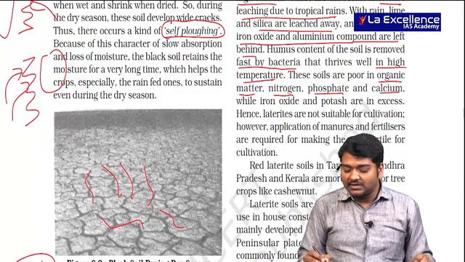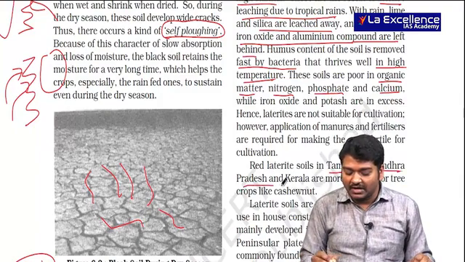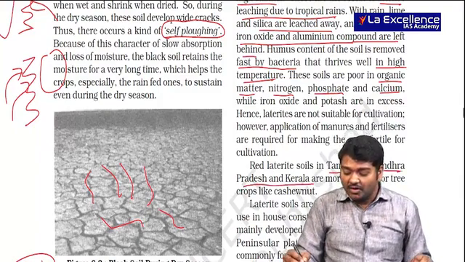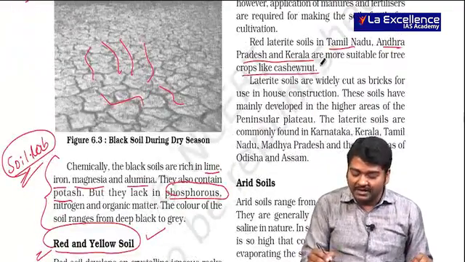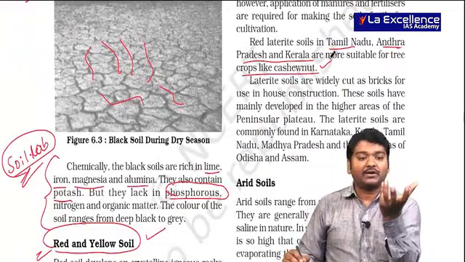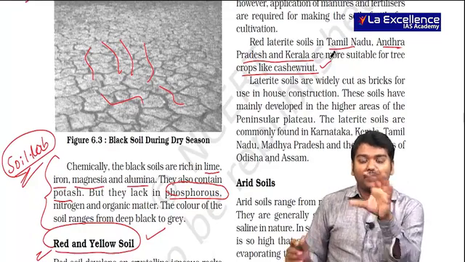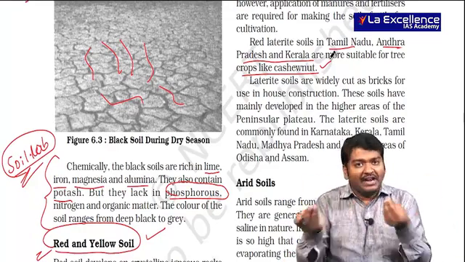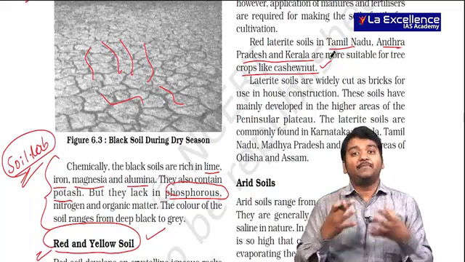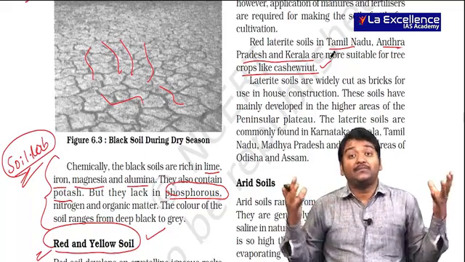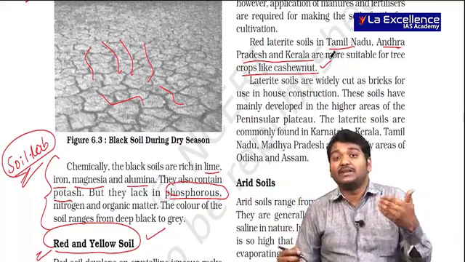Red laterite soil is found in Tamil Nadu, Andhra Pradesh and Kerala, and this is very good for crops like cashew. One of the most important things is that when you add water, it becomes liquefied, very easy and smooth. When it dries, it becomes hard like brick. That is why it is called brick soil.